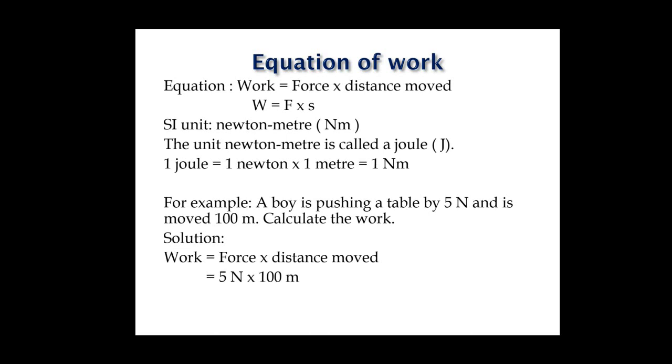Force is 5 Newton, and after applying the force the table moved 100 meter, so we put the distance as 100 meter, and after multiplying we get 500 Newton meter. And we already told you that Newton meter is also known as joule. So 500 Newton meter is also known as 500 joule.